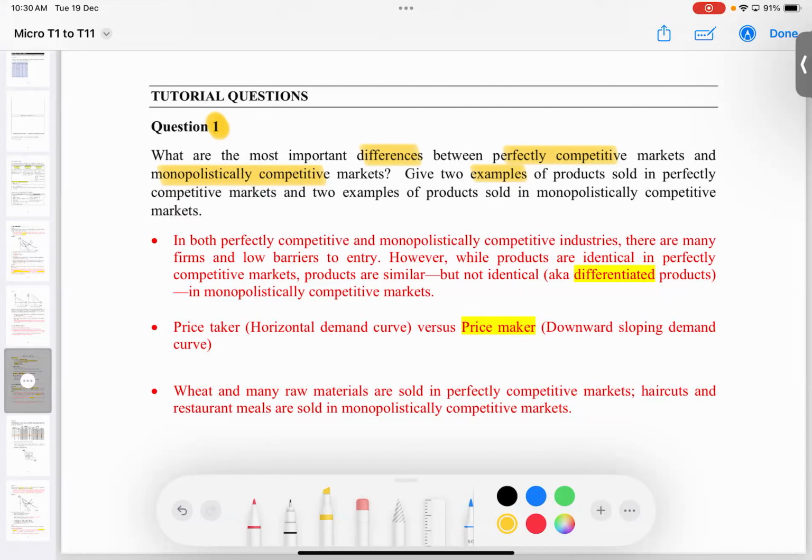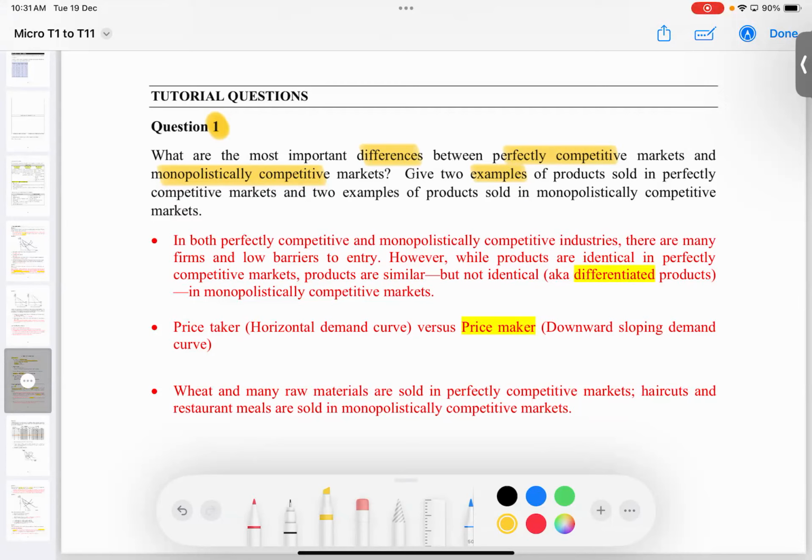So you see, the focus here is to ask you about the differences between two market structures. So this kind of question is important. Usually it's theory questions. Is there any similarity between these two industries? Yes, both have a lot of producers and both have low barriers to entry. Anyone can just enter the industry and sell the products.